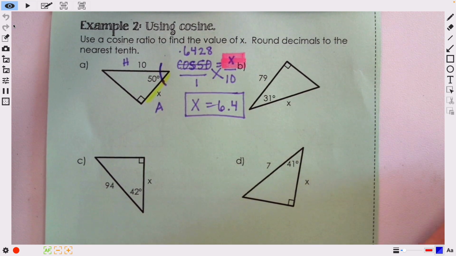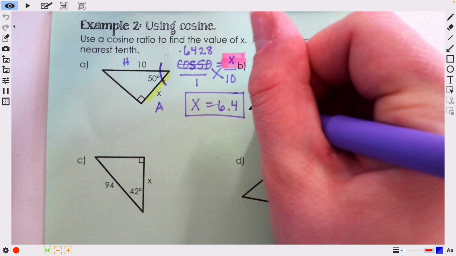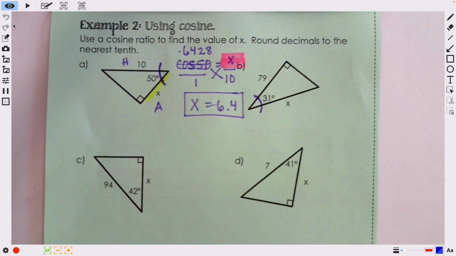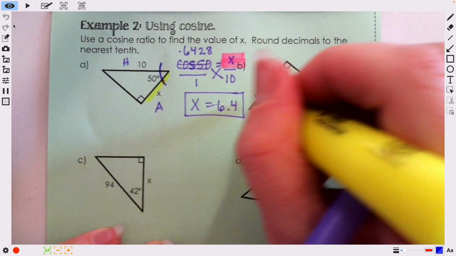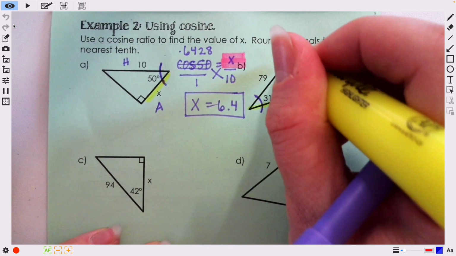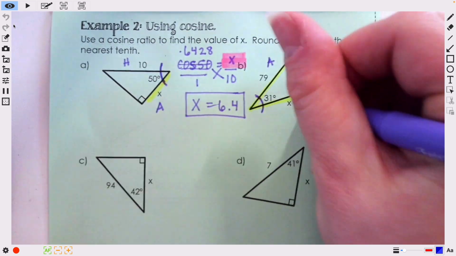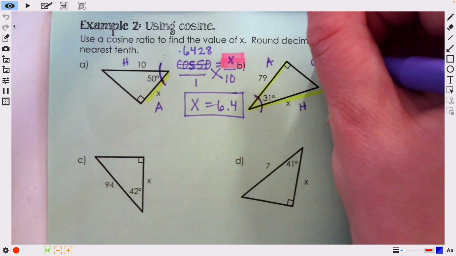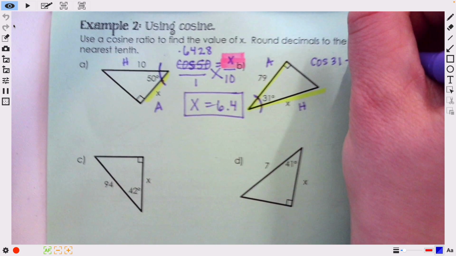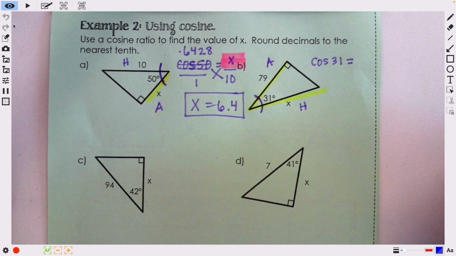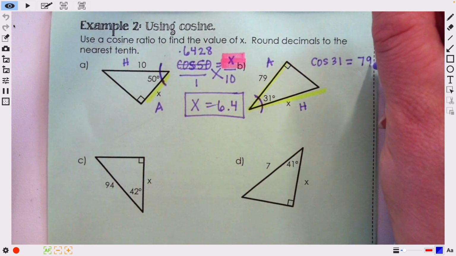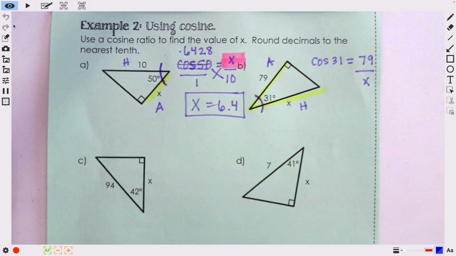I keep taking myself back here. Okay, B, 31 degrees. Hypotenuse and adjacent. Cosine of 31 equals adjacent to 79, hypotenuse is x.